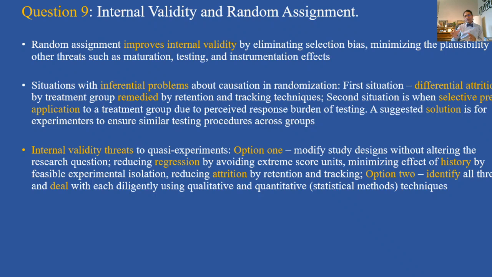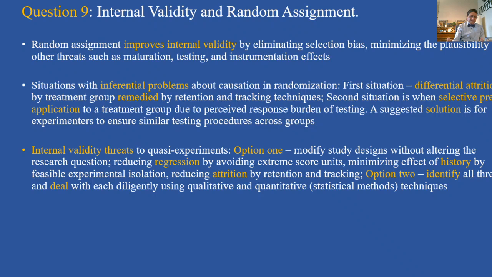The suggestions can be grouped into two categories. First option is to modify study designs without altering the research question. For example, reducing regression by avoiding units with extreme scores, minimizing history threat effect by experimental isolation to the extent possible, reducing attrition by retention and tracking.